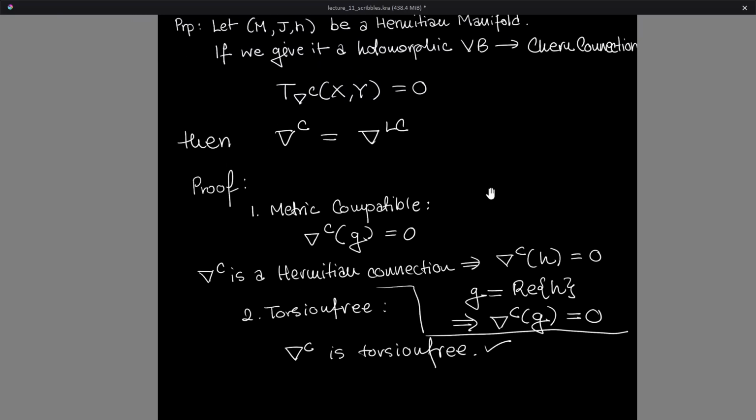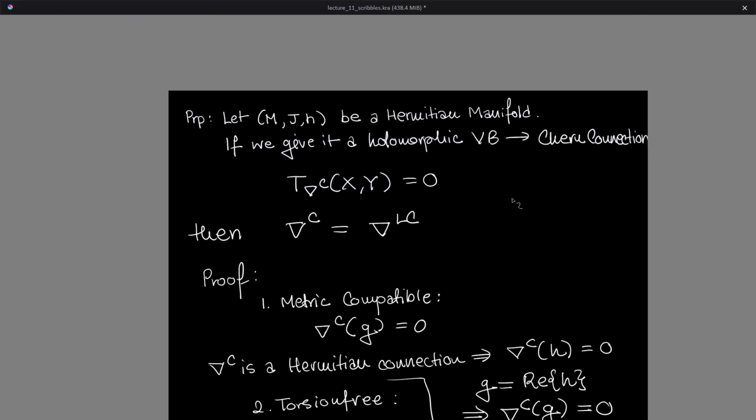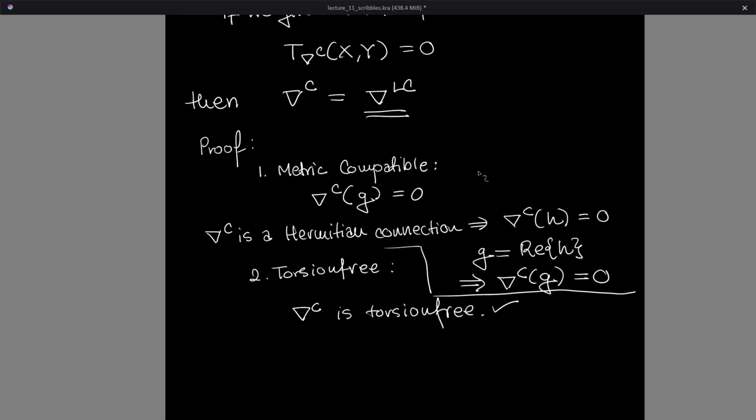Therefore, the condition on which the Chern connection will be the Levi-Civita connection is its torsion freeness. And we know that the Levi-Civita connection is unique. That's part of the fundamental theorem of Riemannian geometry. So therefore, this Chern connection must be the Levi-Civita connection on the Riemannian manifold.